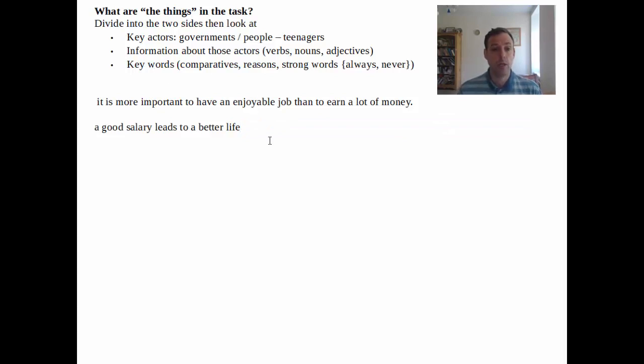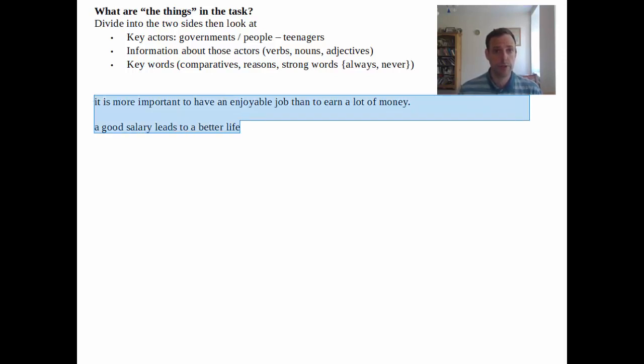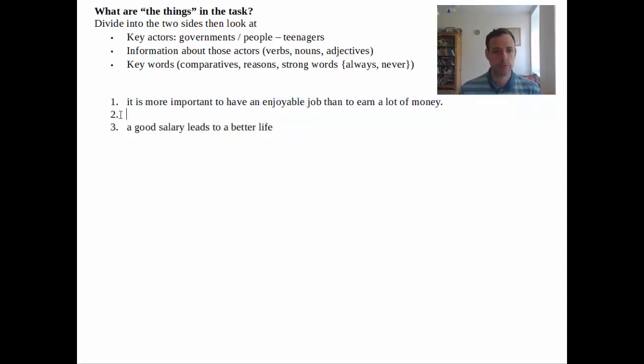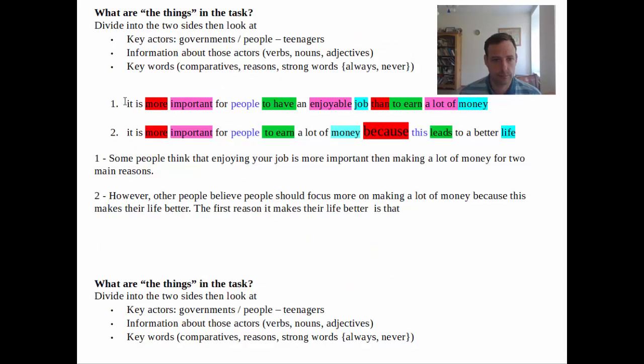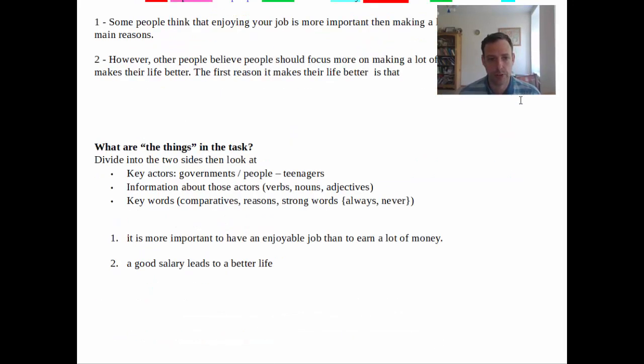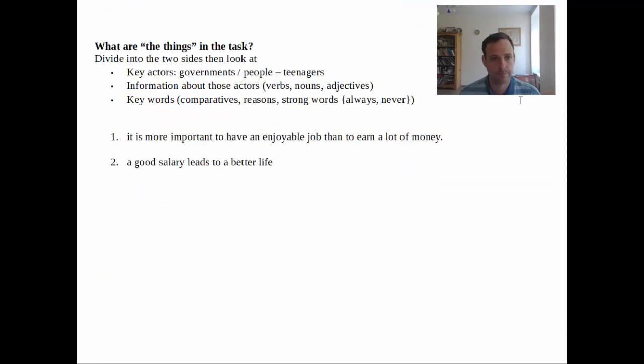Okay, so there we have our two sides. And the first thing you can notice is that the second one's very short. So it's obviously got different words in it. It's got fewer words. What doesn't it have? The first one's quite similar. So I'll just copy and paste what we analysed from the previous one.